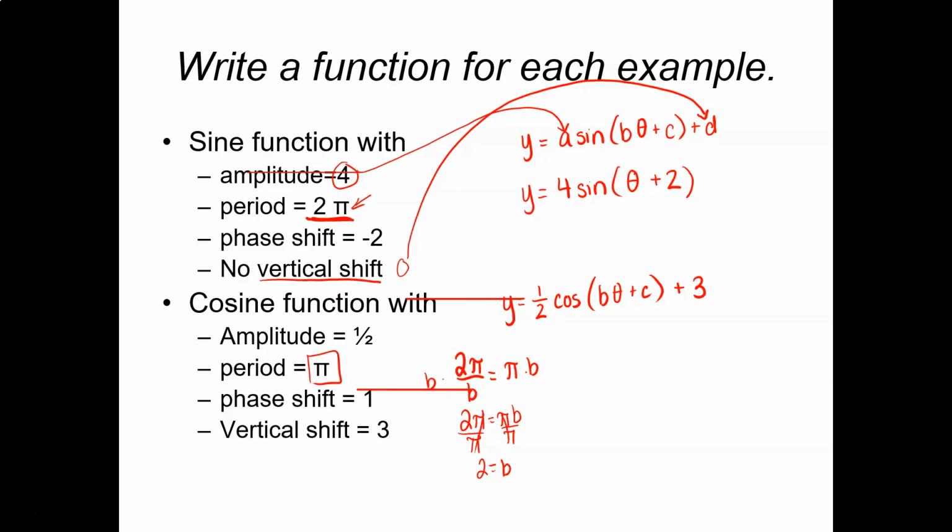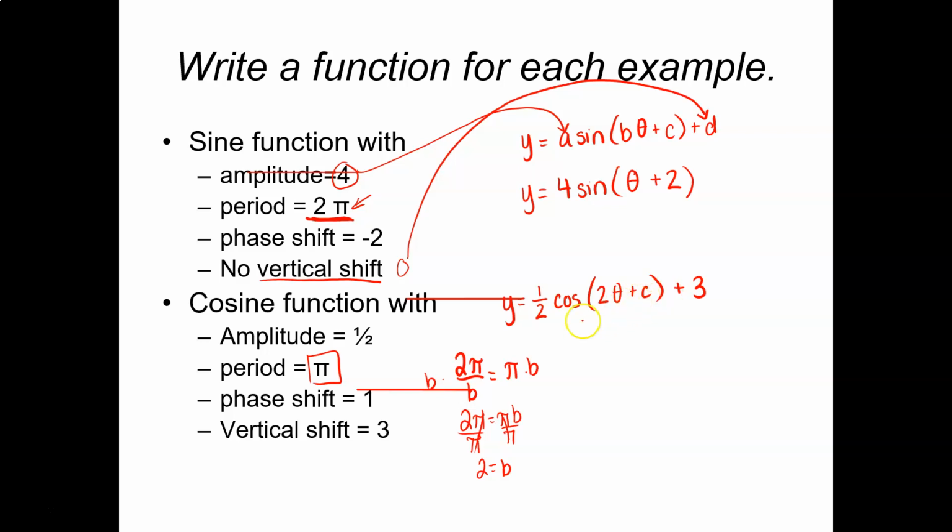All right, if I have a phase shift of c, so I know now that b, let me go ahead and put that in, is a 2. If I have a phase shift of c, and I know my phase shift is supposed to be 1, what number needs to go there for c? Okay, it needs to be a -2. Sometimes it's not that easy to figure that out in your head.